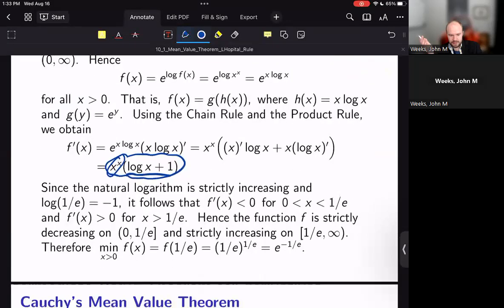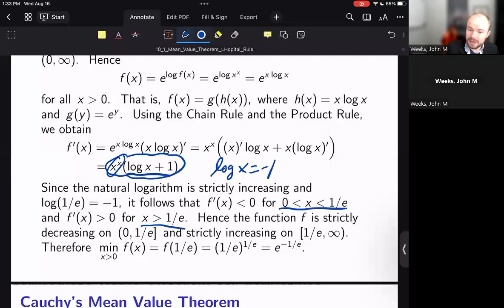However, if I look at where this derivative is actually 0, then I find out that this is going to be where log of x is equal to negative 1. Raising e to the power of both sides, I see that the derivative is positive as x is greater than 1 over e, and the derivative is negative as x is in between 0 and 1 over e.